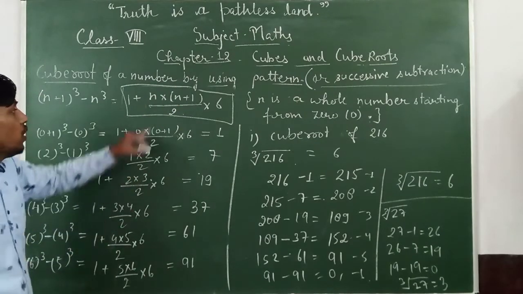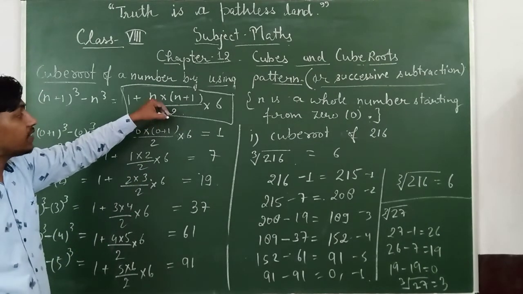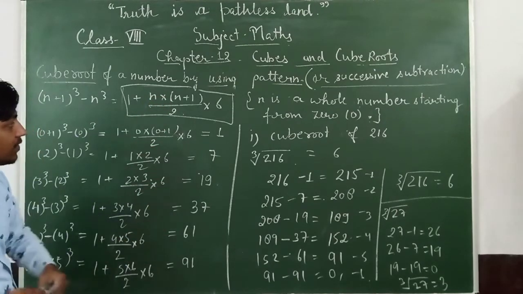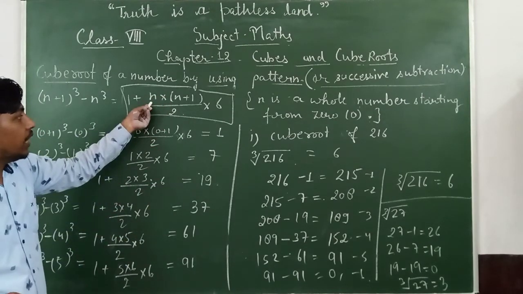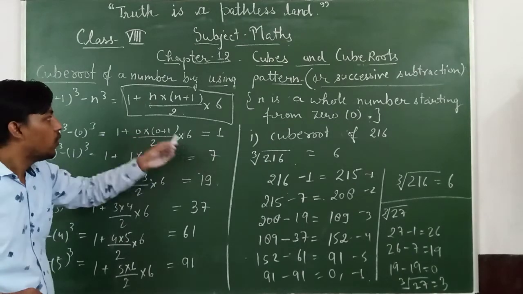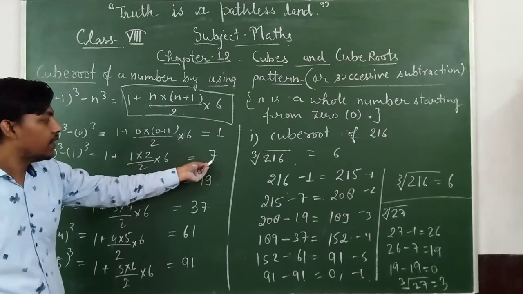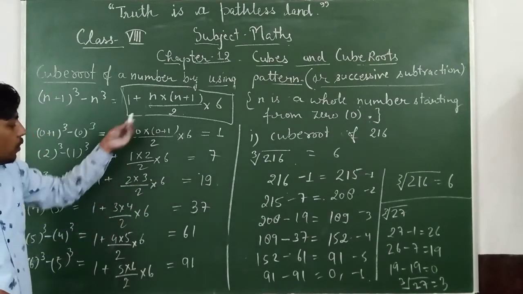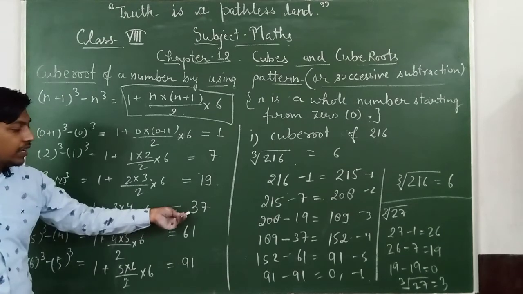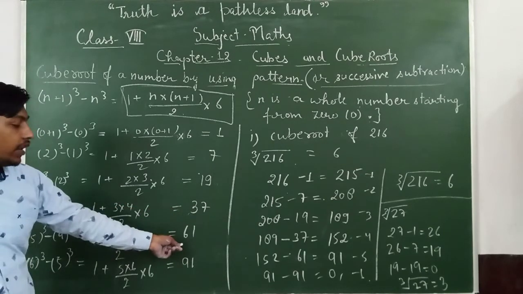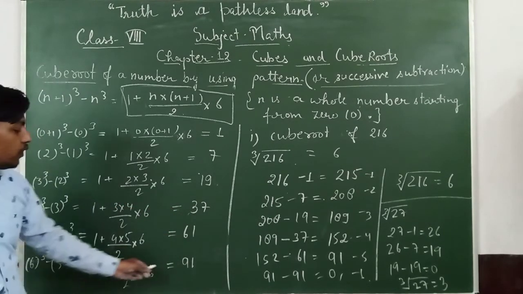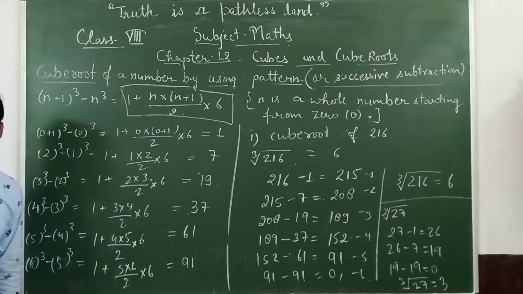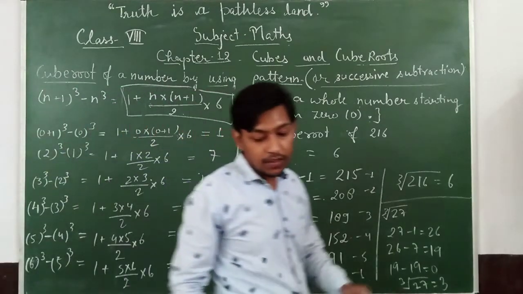When you put n equals 0, you will get 1. When you put n equals 1, you will get 7. When you put n equals 2, you will get 19. When you put 3, you will get 37. When you put 4, you will get 61. When you put 5, you will get 91. Similarly, you can find more numbers for your successive subtraction.